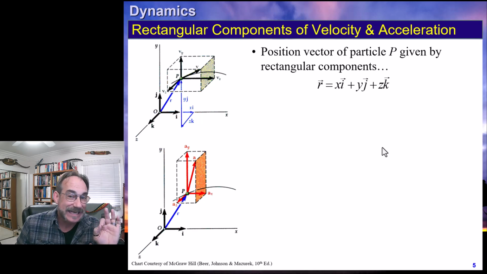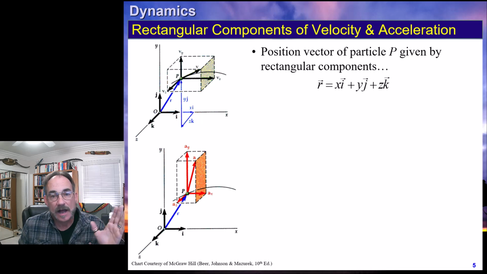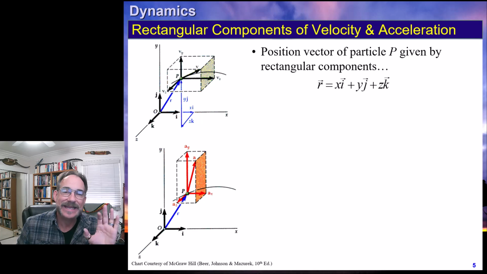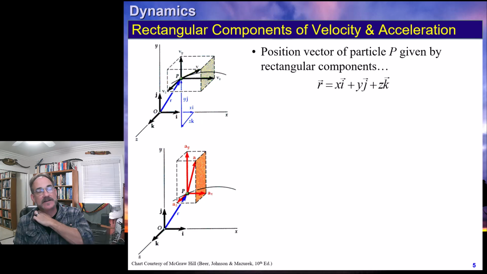This is easier than it looks. If you take the particle and measure the x coordinate in our coordinate system, multiply that by i, plus the y coordinate multiplied by j, plus the z coordinate multiplied by k, that xi plus yj plus zk is a vector r, which completely defines the position of the particle from the reference point O. So that's a vector.